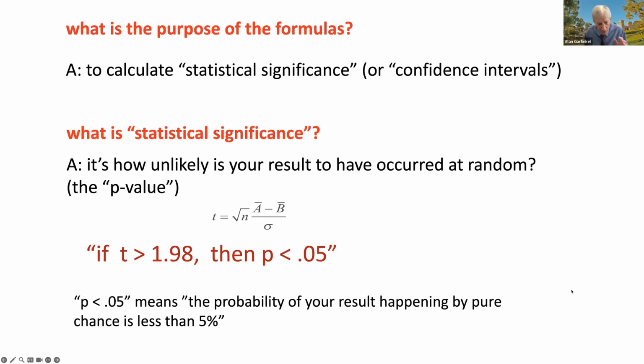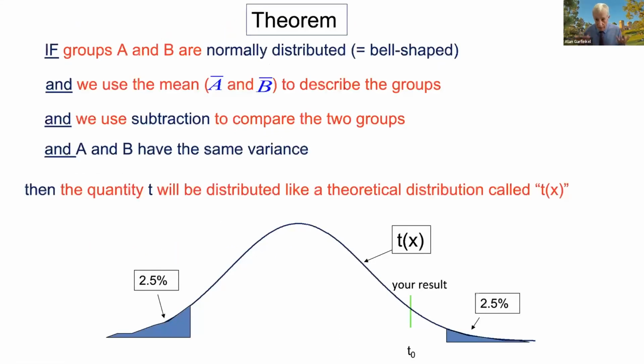How can we do that? Well, in the old way, we have to prove a theorem. In order to prove a theorem, we have to make heavy-duty assumptions. First, very heavy-duty assumption: groups A and B have to be normally distributed.